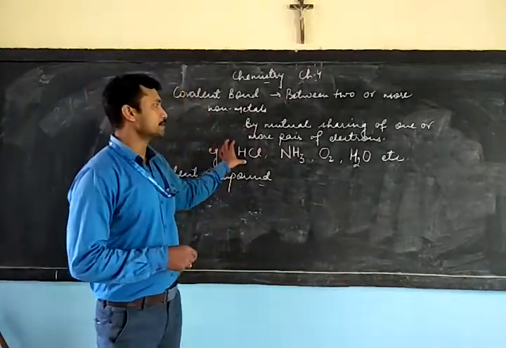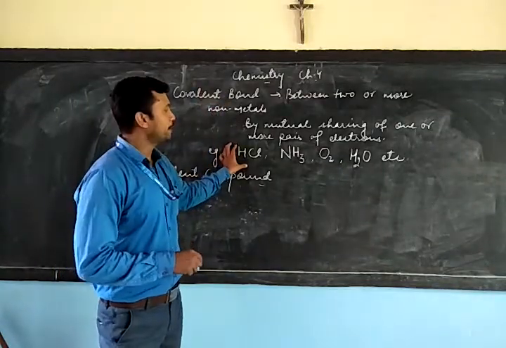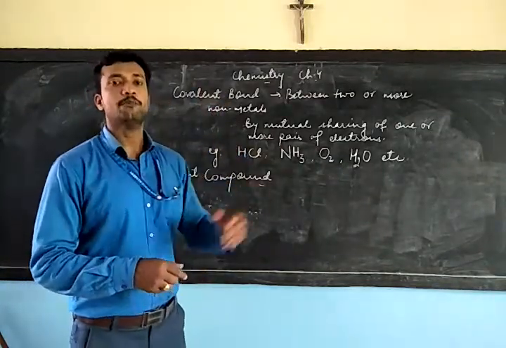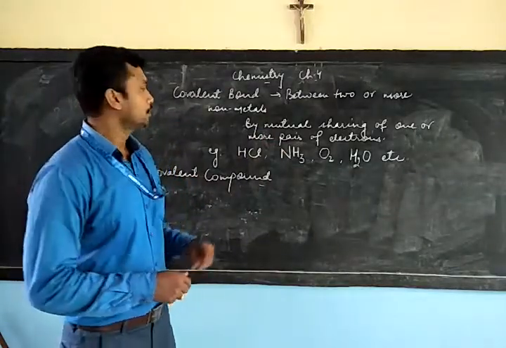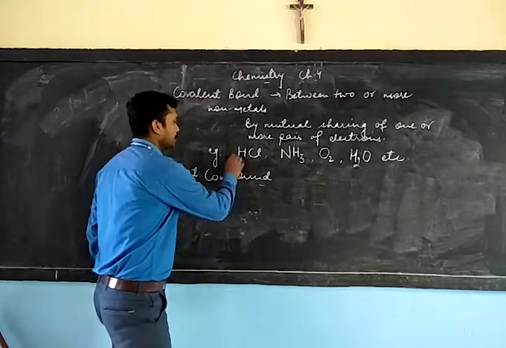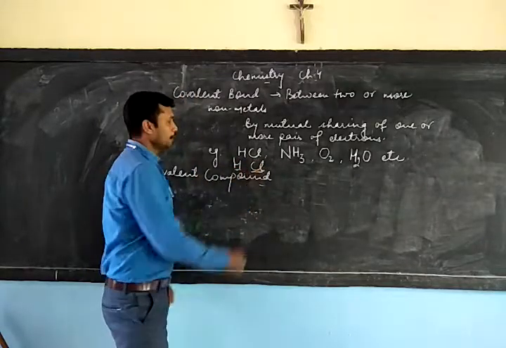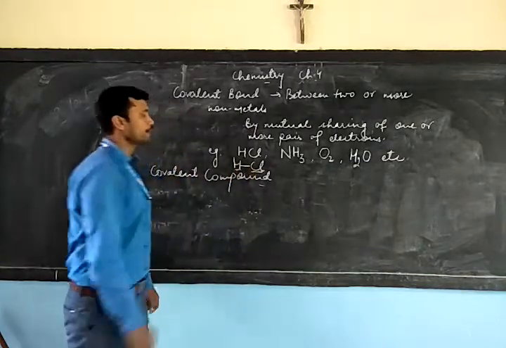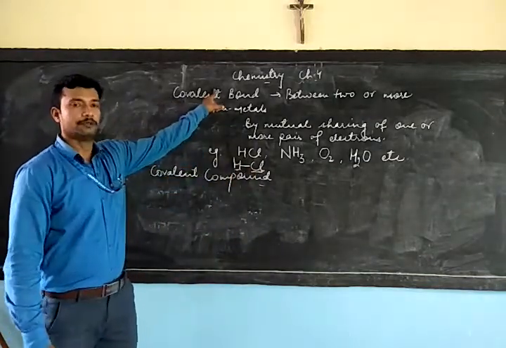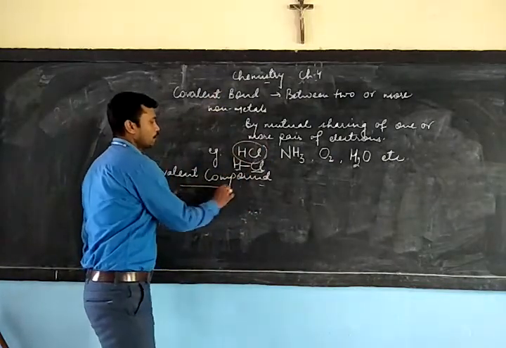We have some examples of compounds which have a covalent bond. You can see hydrogen chloride. If I write hydrogen and chlorine, these two are non-metals, and the bond between these two non-metals will be a covalent bond. And this compound is called a covalent compound.